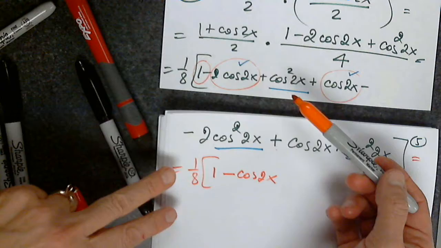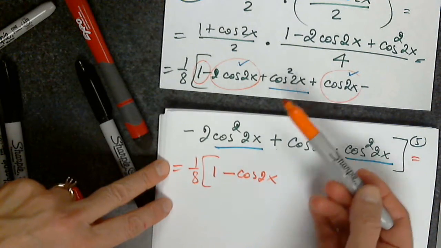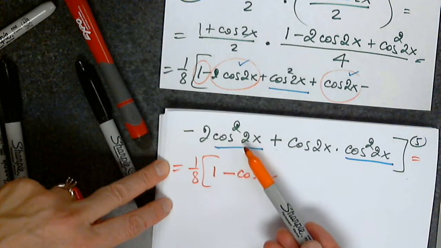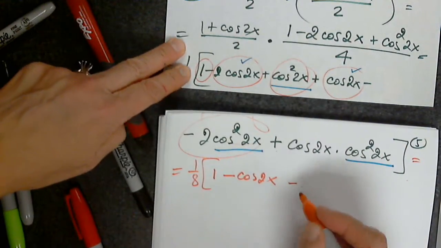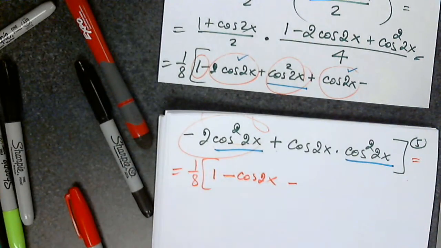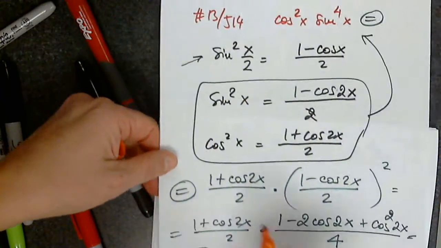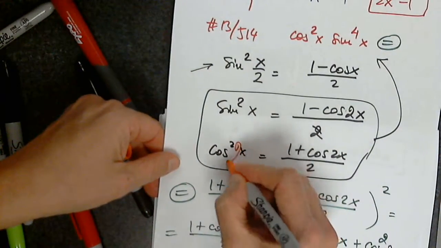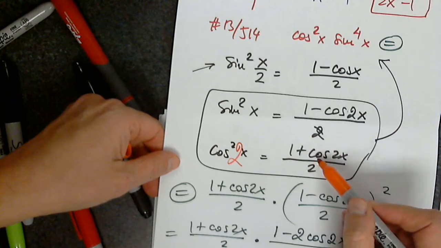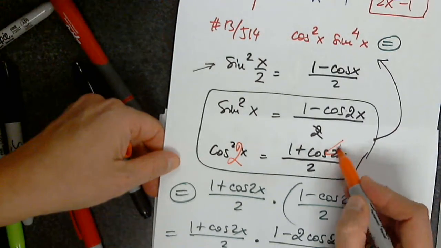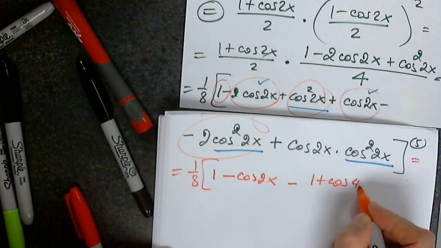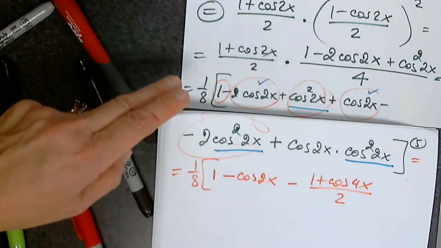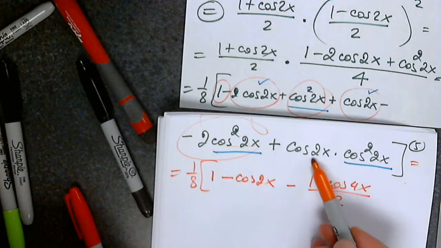Now I see a positive cosine squared twice x and then negative 2 cosine squared twice x. So I'm going to change this into negative cosine squared twice x, but I want to use the formula. Cosine squared twice x will be 1 plus cosine 4x divided by 2. So 1 plus cosine 4x divided by 2. And I finally got to this.